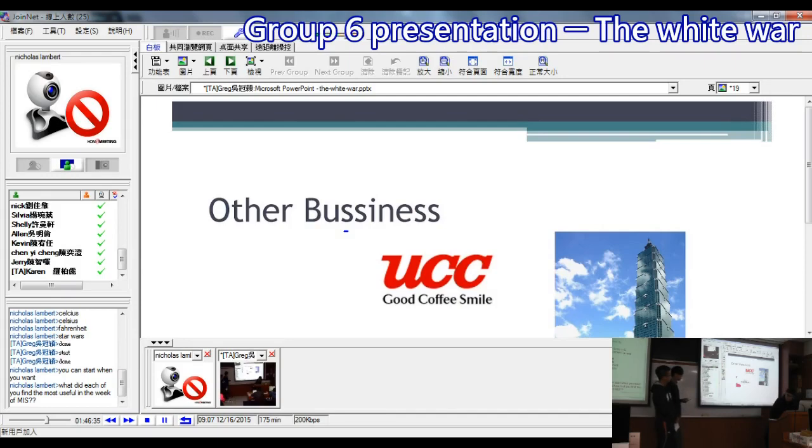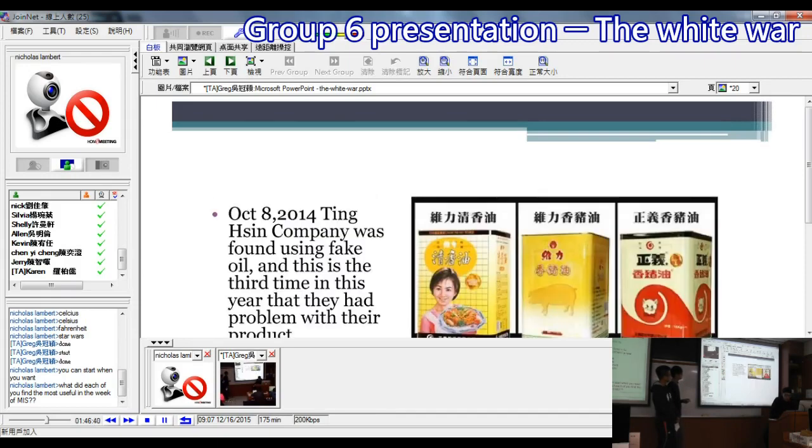After introducing Dingxing, we're going to talk about some things that happened recently. In recent years, Taiwan has had a lot of food scandals, and using fake oil was one of them. Last year, on October 8, 2014, Dingxing was found using fake oil, that is, oil made for animals was used to make oil for humans to eat.